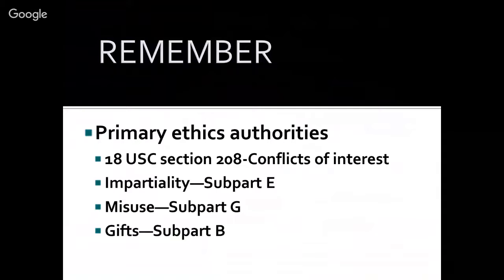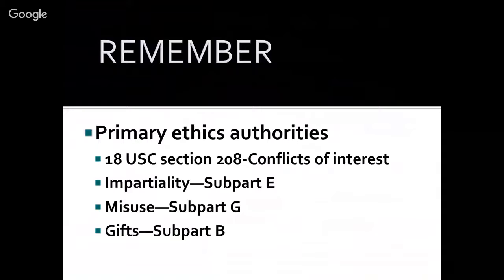So again, we're just trying to remind you that when you're doing this substantive review, yes, 208 matters. Yes, the impartiality provisions matter, but there are certainly broader considerations that you should be bringing to the table and using those as your way of educating your employee about what their ethical obligations are above and beyond, maybe just financial conflict of interest types of issues.